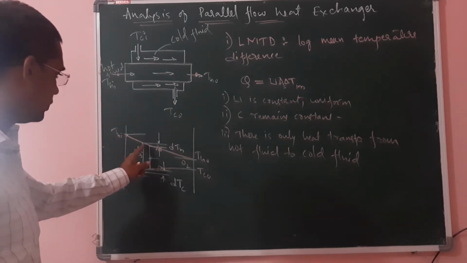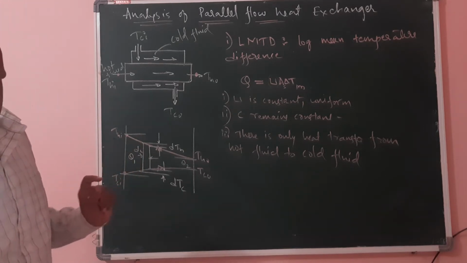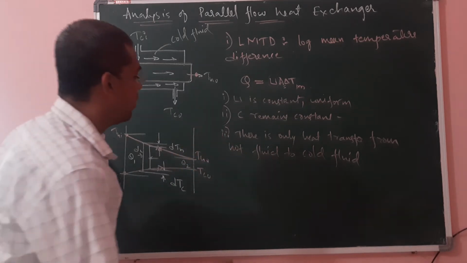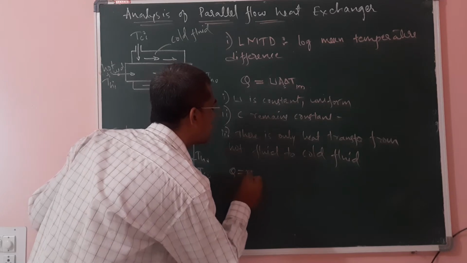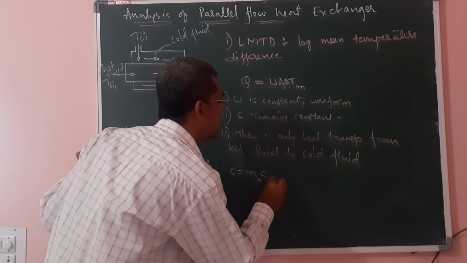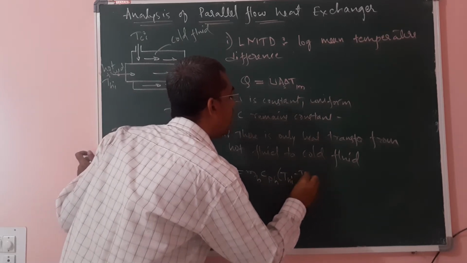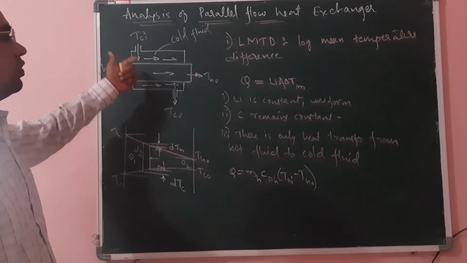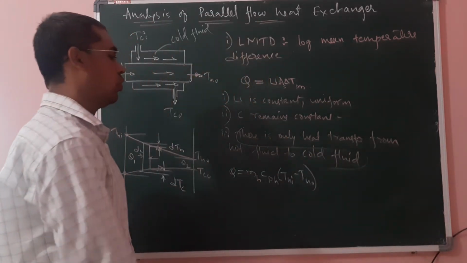I will calculate the heat transfer over this small area. Further I will integrate, and I will get the temperature difference over the entire surface. We know that heat transfer from the hot fluid is equal to mass flow rate of hot fluid into specific heat of hot fluid, Cph, into hot fluid inlet temperature minus hot fluid outlet temperature, which will be equal to heat transfer to the cold fluid, because there is only heat transfer from the hot fluid to the cold fluid.